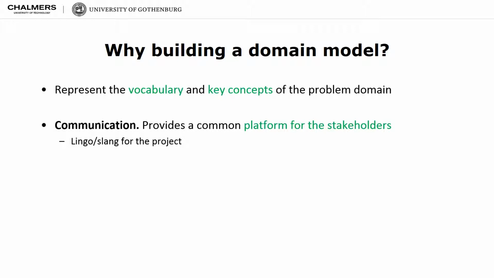So whenever two stakeholders are talking about, for instance, a sale, they know what they're referring to, because that concept is clearly defined in the domain model and possibly in the glossary as well. So in that sense, the domain model represents the slang or the lingo that is used within the software project.